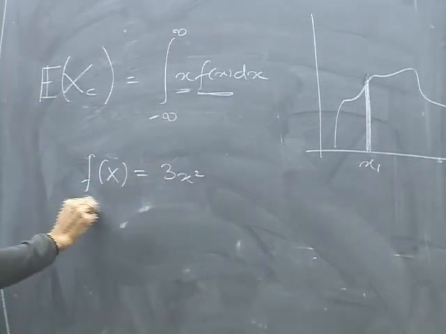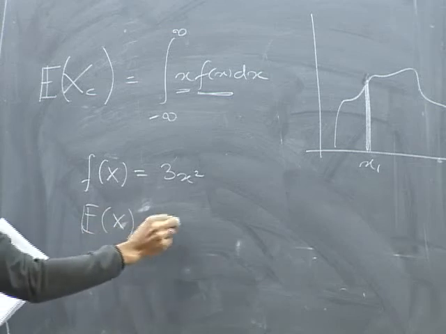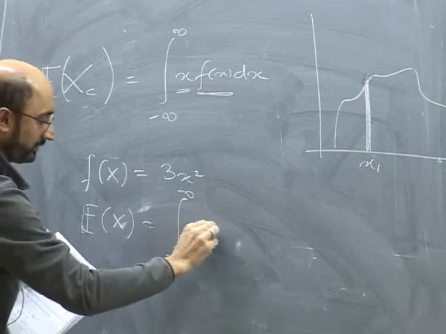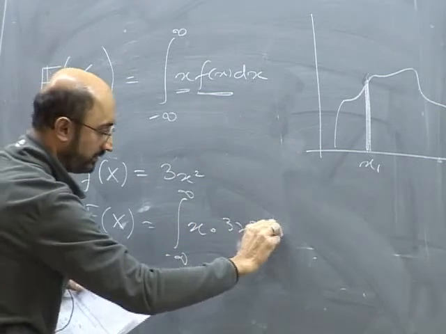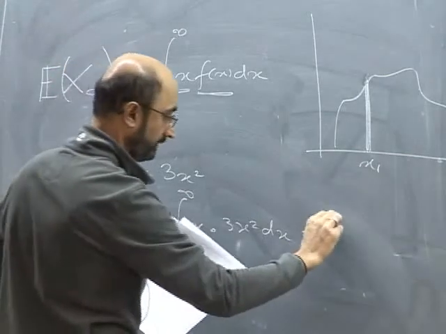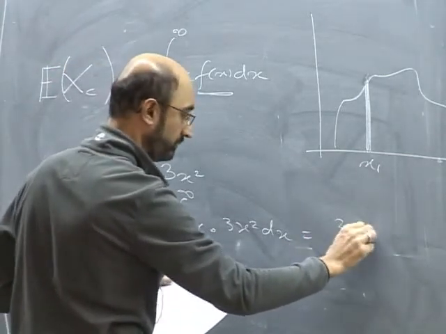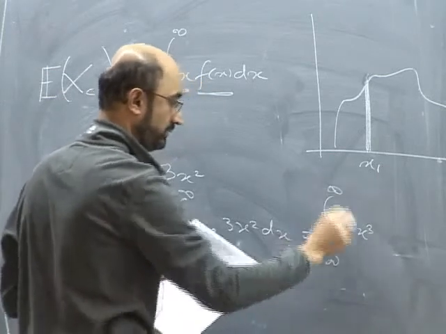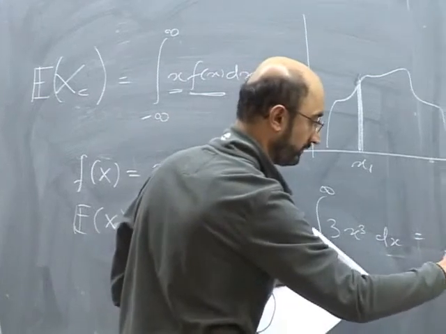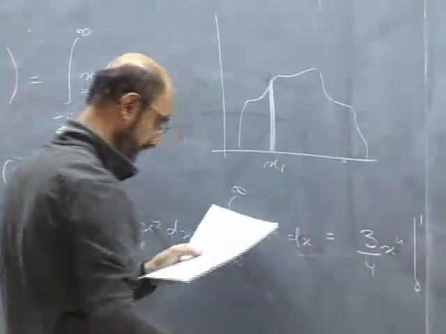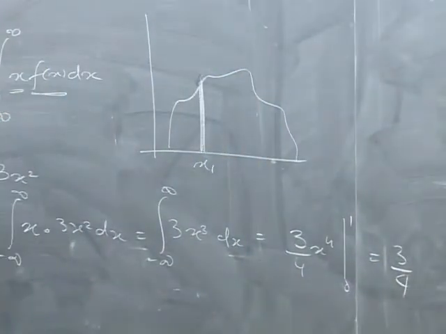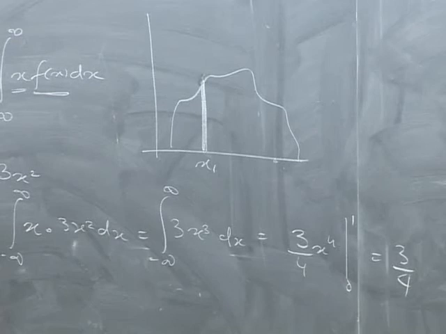So the expected value of X is going to be the integral from minus infinity to infinity of x times 3x squared dx, which is going to be the integral of 3x cubed dx, which is 3 upon 4 x to the 4 from 0 to 1, which is just 3 by 4. So the expected value of this is going to be 3 by 4.